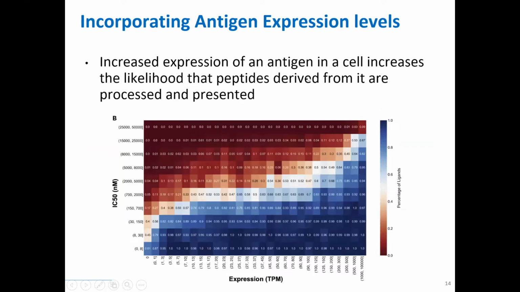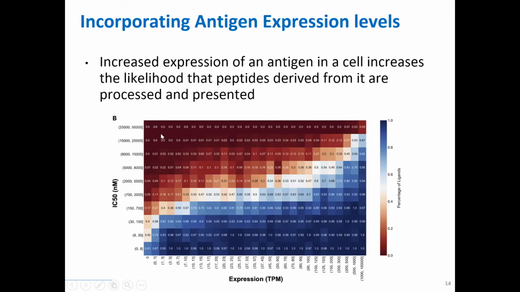Another innovation has come specifically from the cancer field, is the realization that the expression level of a given antigen that you're looking for is clearly involved in the likelihood of peptides being processed and presented from that protein.